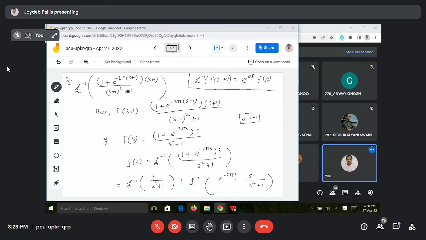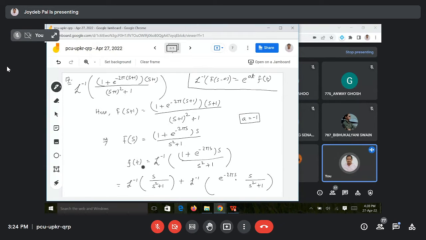Look, firstly we have applied the first shifting, means s shifting, right? So the Laplace inverse of f of s minus a is equal to e to the power at into ft. And to find that ft, we are doing this. To find ft I did all this. That ft we have calculated.